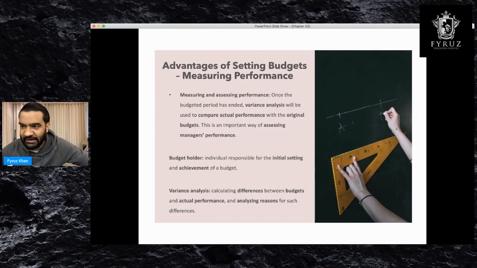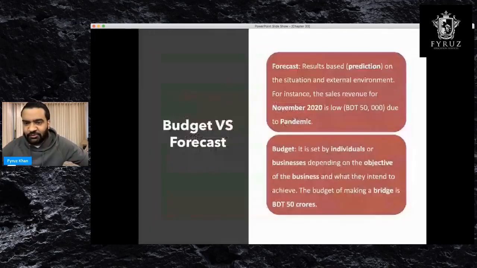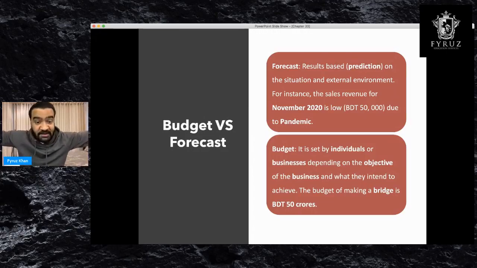Let's go ahead. So next up, I would like you to think about one thing. When we talk about forecast, forecast means prediction. Prediction based on the external situation, based on the situation right now. For example, we had the pandemic in March.